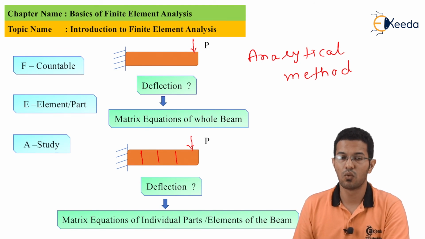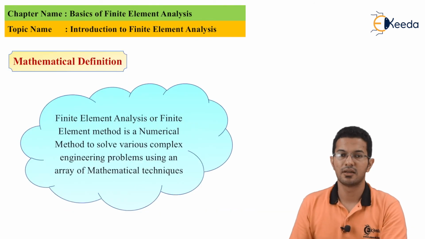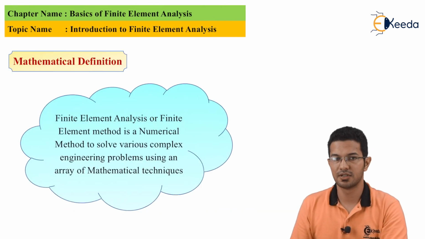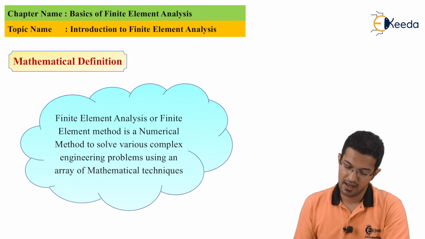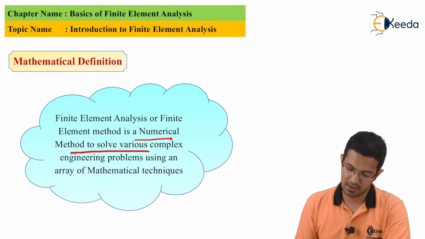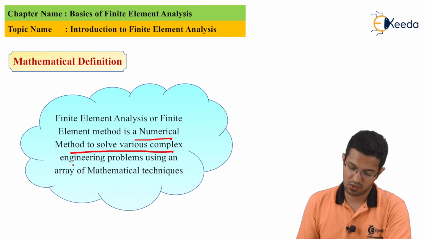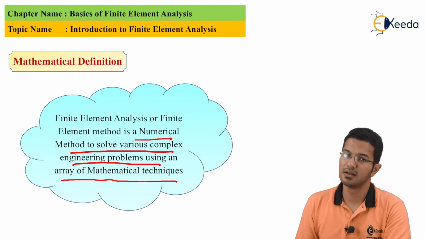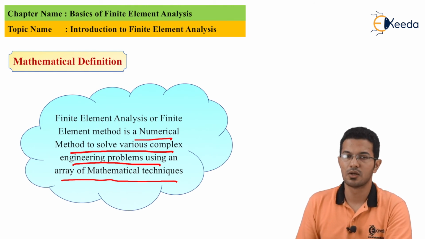Due to this, we get a very accurate answer. Hence, if we go for the mathematical definition, we understand that FEA or finite elemental method is a numerical method to solve various complex engineering problems using an array of mathematical techniques. So hope you have understood the definitions of FEA.